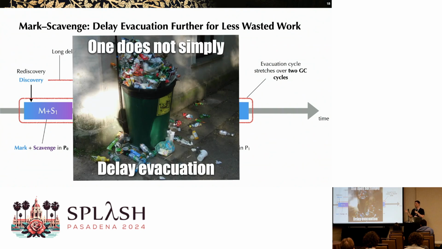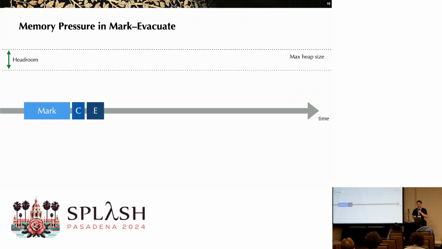But one does not simply delay or ignore the most important part of a moving GC, which is to evacuate to free up memory. Your trash can is going to get overfull. So to understand the impact of delaying, we can look at the memory pressure in mark evacuate.